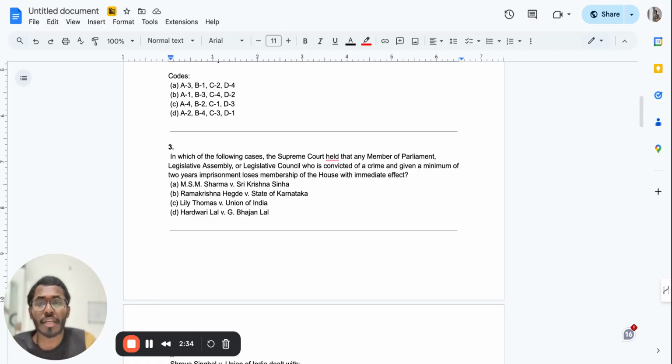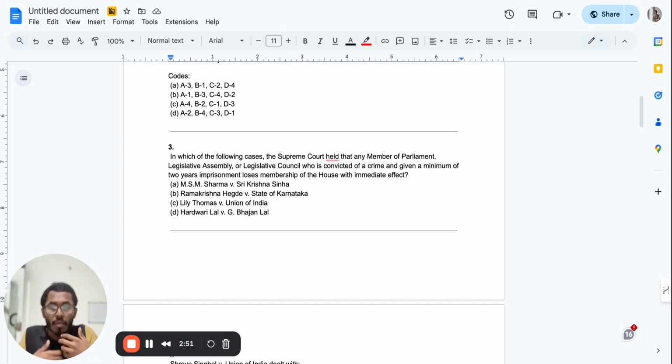Now the third question is: in which one of the following cases did the Supreme Court hold that any member of Parliament, legislative assembly or legislative council who is convicted of a crime and given a minimum of 2 years imprisonment loses the membership of the house with immediate effect?